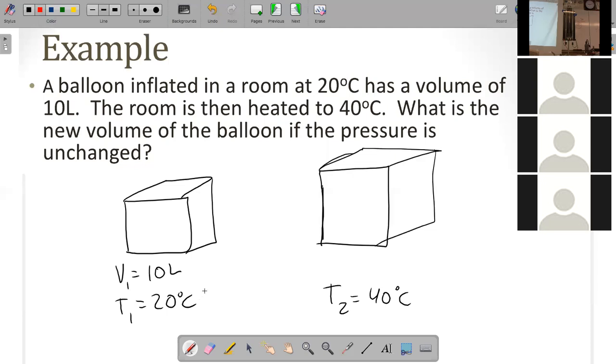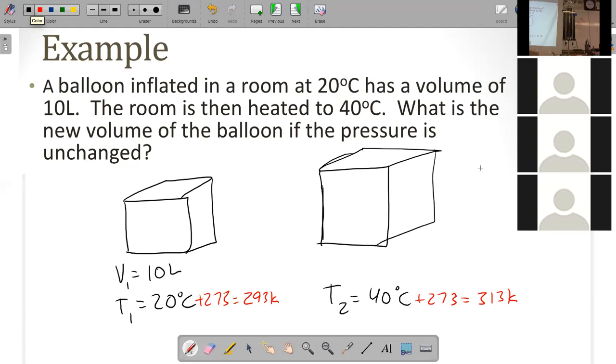To get it in Kelvin, you add 273. So this is 293 Kelvin, and when you add 273 to this, you get 313 Kelvin. The temperature has only gone up from 293 to 313.